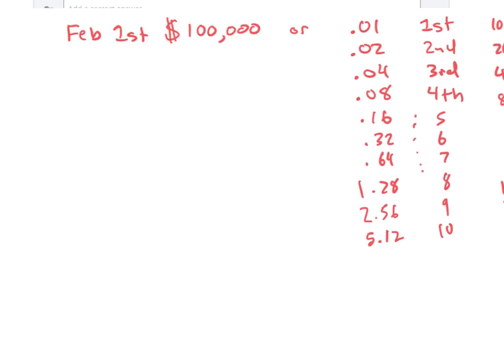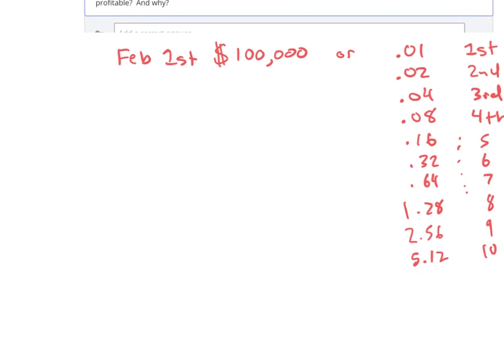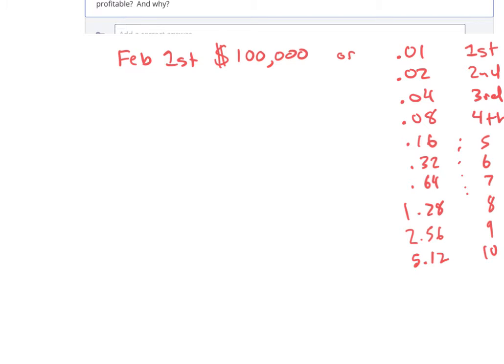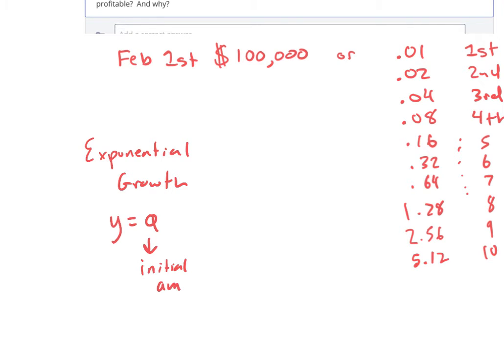So what I need you to write down in your warm-up that is most important is the following right here. Your exponential growth model is going to be y is equal to A, the initial amount, times B, the growth factor, or what you're multiplying by, raised to the x power, which is time.